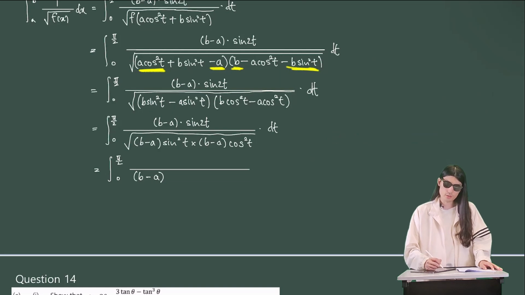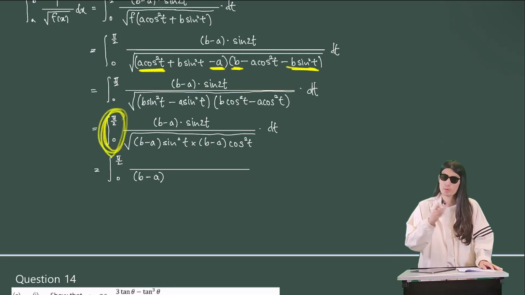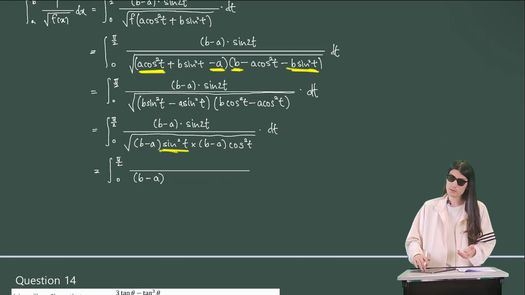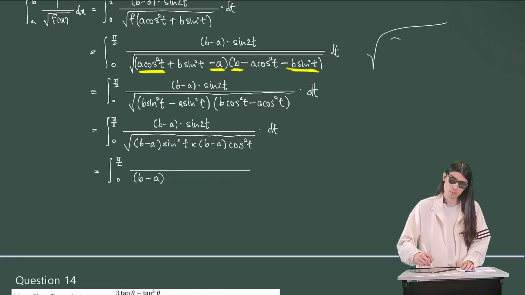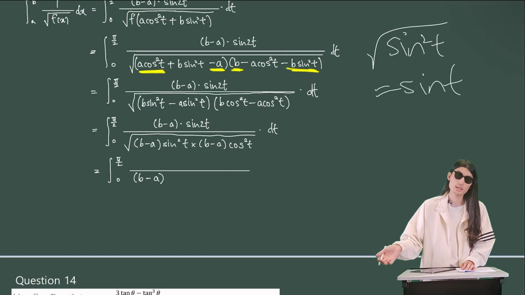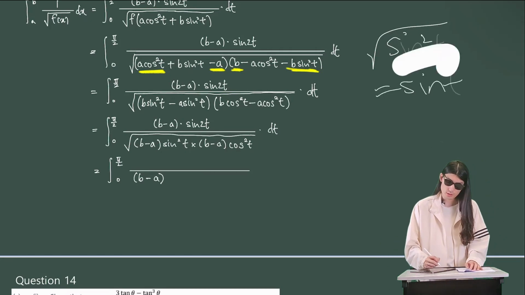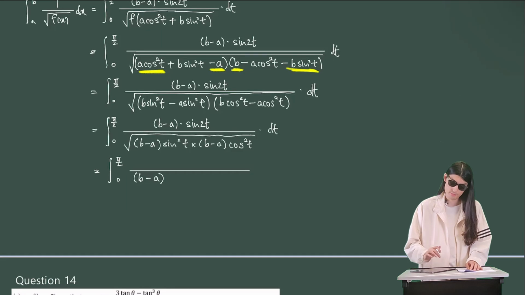for the values of t, the angle t that's considered in the question, which are acute angles between 0 and pi on 2, we know that sine t and cosine t are positive ratios. So square root of sine squared is sine t, because sine t is a positive number. Right? Same for cosine.